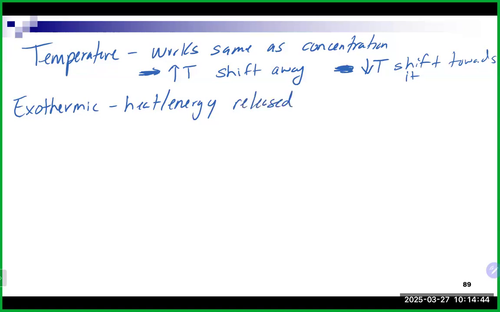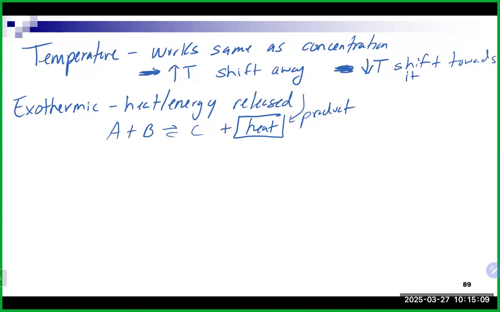And when we think about an exothermic reaction, because heat and energy is being released, we think of heat and energy as a product, like it's being given off. So in an exothermic type situation, we would consider basically the temperature, the heat or energy, or however you want to look at it, as being on the product side.